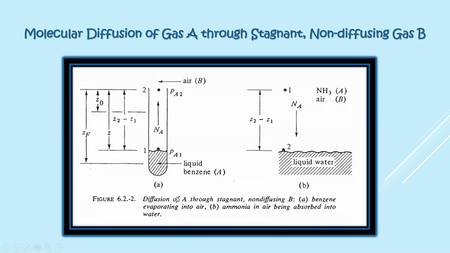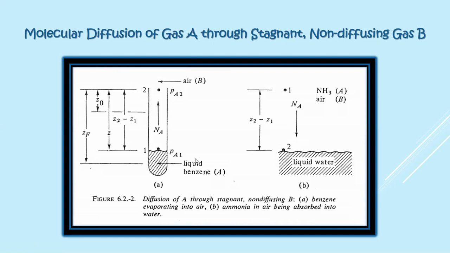But our example here specifically is on letter A, wherein we have two gases. One is benzene and the other one is air, and benzene is said to be diffusing to a non-diffusing stagnant air. So this is our sample problem here.